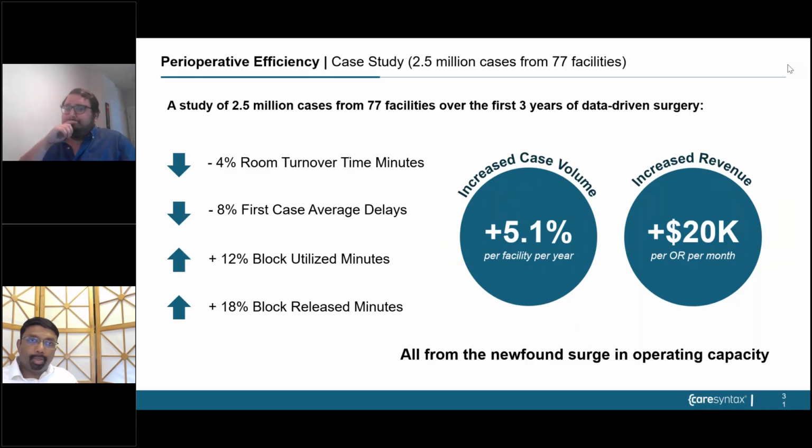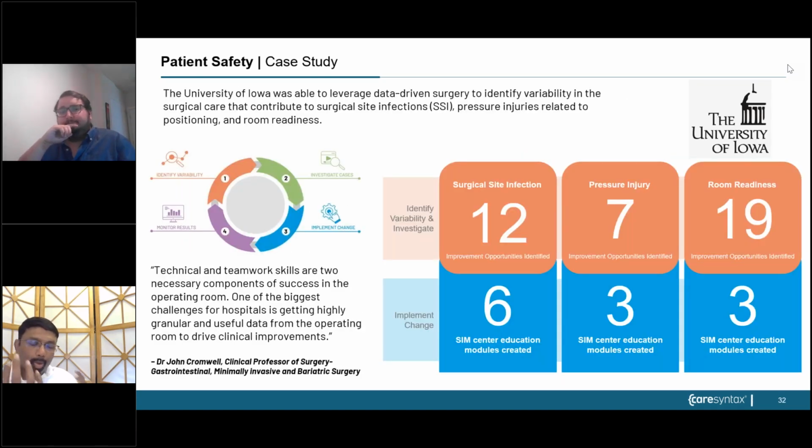Another interesting case study is going more to that clinical construct and patient safety in addition to efficiency. So it's combining all these different constructs. The University of Iowa was able to use this construct of data-driven surgery to identify where they have variability in surgical care, and they found that there was variability with surgical site infections, pressure injuries and ulcerations, and room readiness.